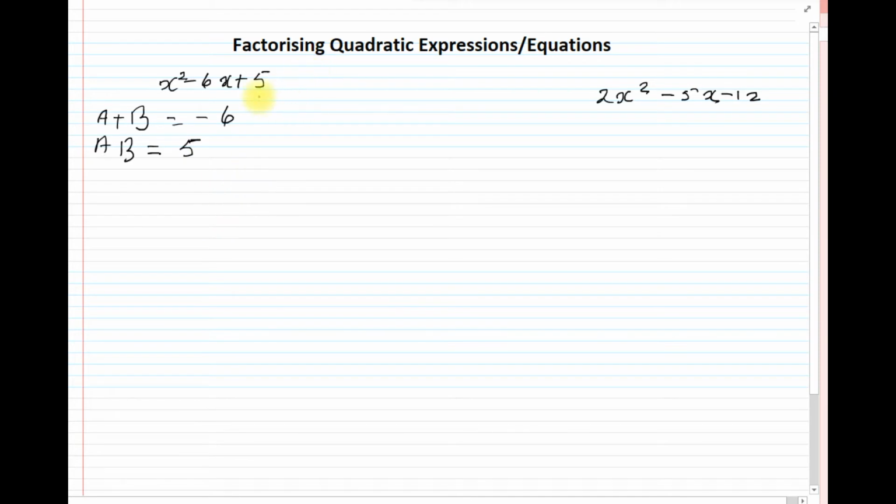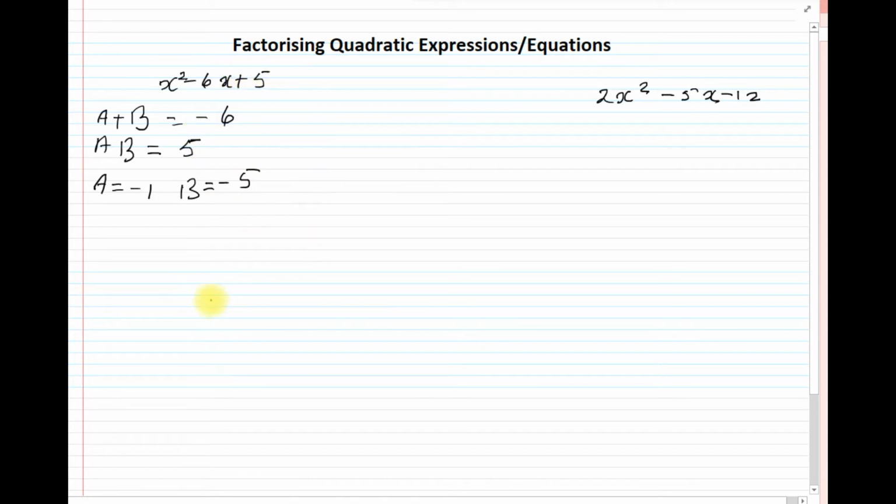Here we have to do a little bit of guesswork, and with a little bit of effort we can find out that if a is minus 1 and b is minus 5, then a plus b will be minus 6, which matches that, and a times b, which will be minus 1 times minus 5, will be plus 5.